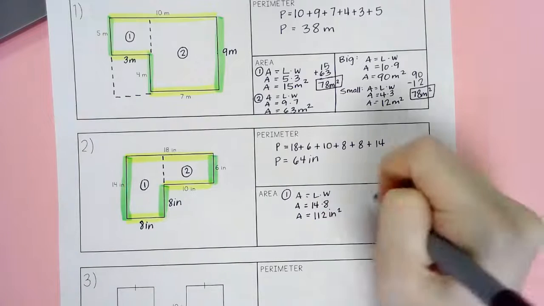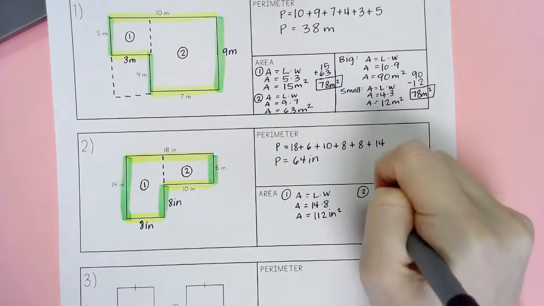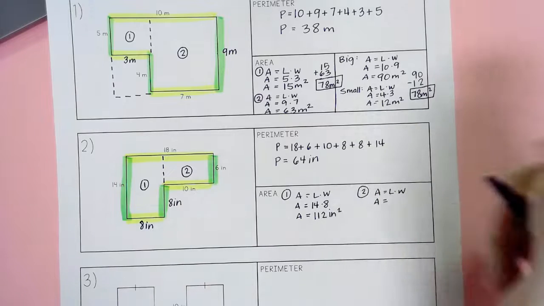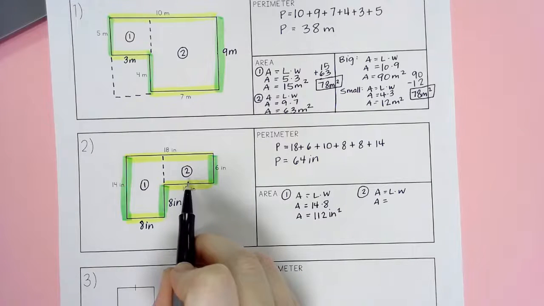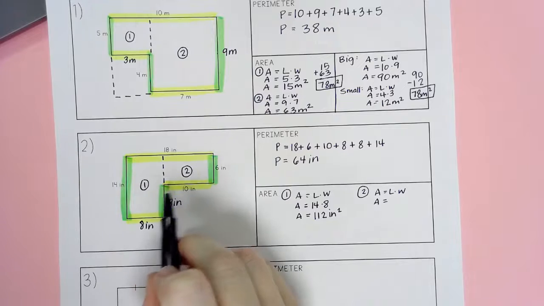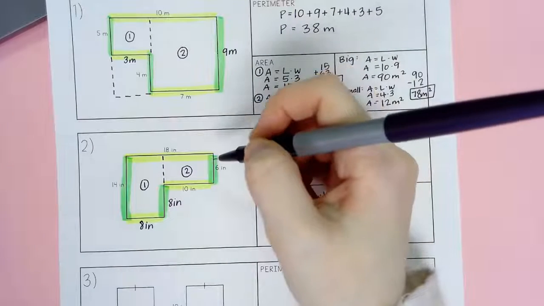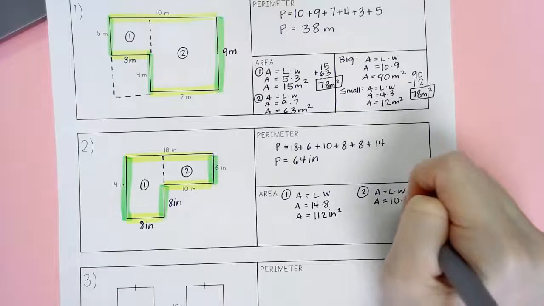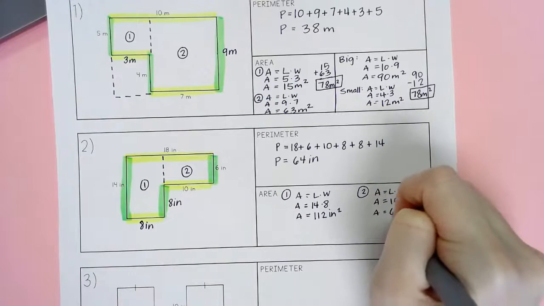My second shape, A equals length times width. A equals, I'm going to look here, and my length of shape 2 is 10. Sorry, not my length, my width is 6. So 10 times 6, A equals 60 inches squared.